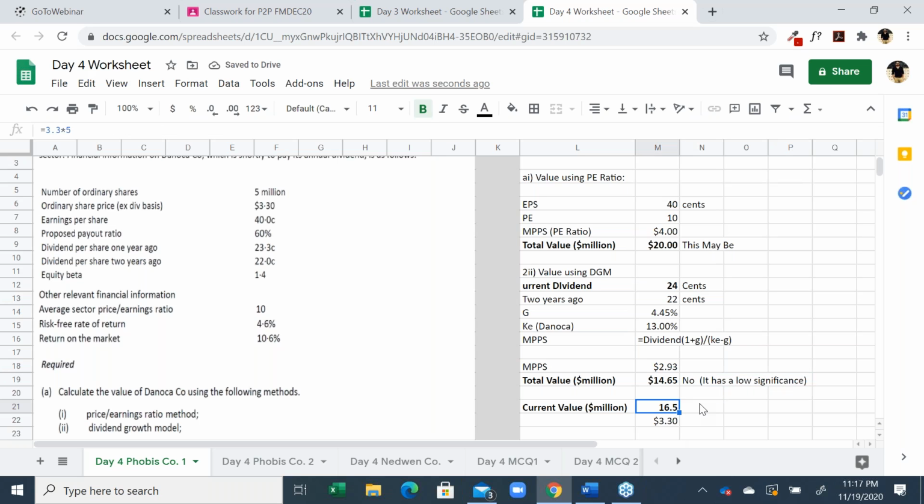Will this be considered? Yes, this must be considered. This should be the minimum. The Denoka company will consider this and they will accept any price above this. This will be their threshold value below which they can't even think of selling the company.